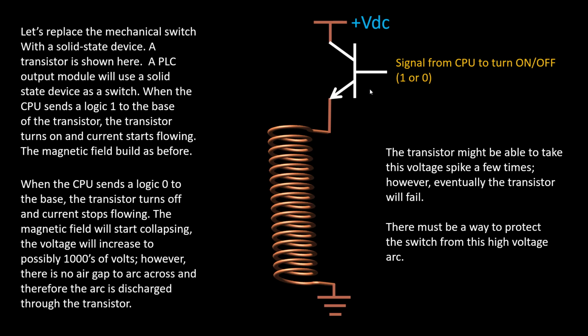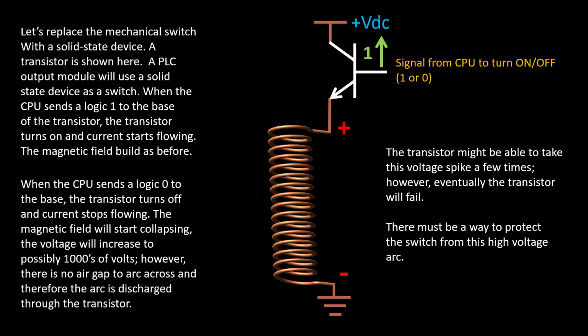So this time, instead of having a mechanical set of contacts that literally open, I have this solid state device. Now, the base of this, or the actuator of this device, is going to receive its signal from the processor, from the CPU.